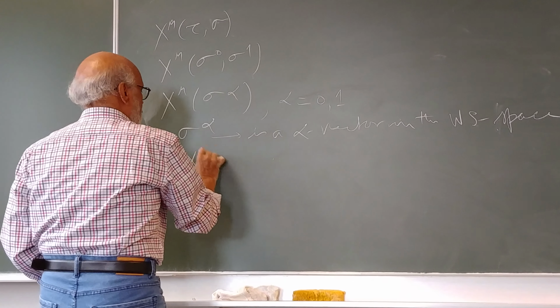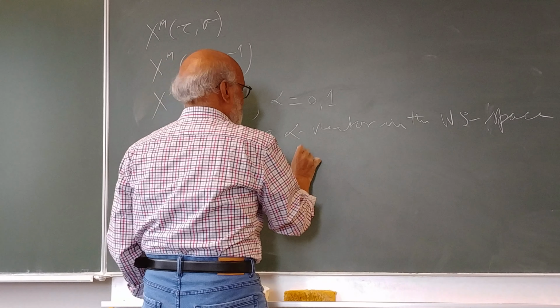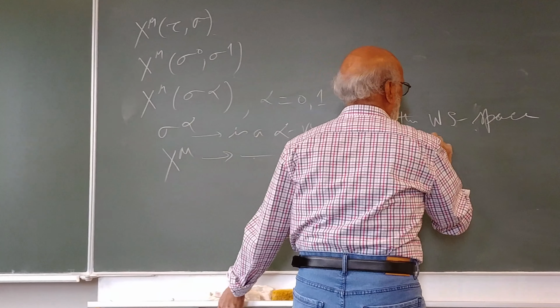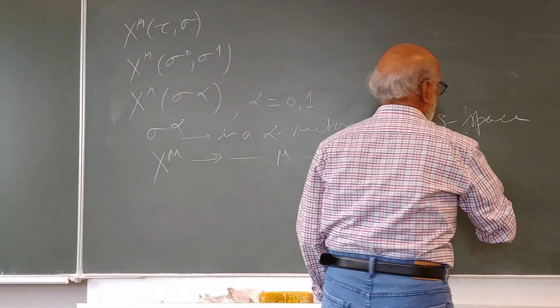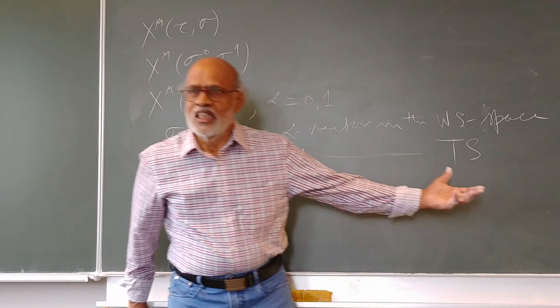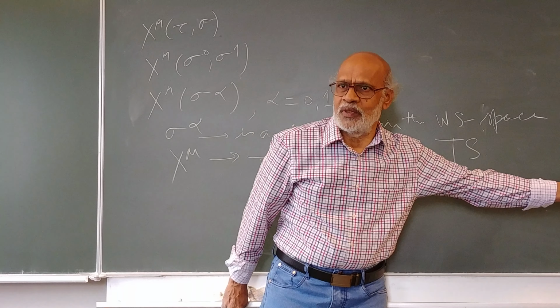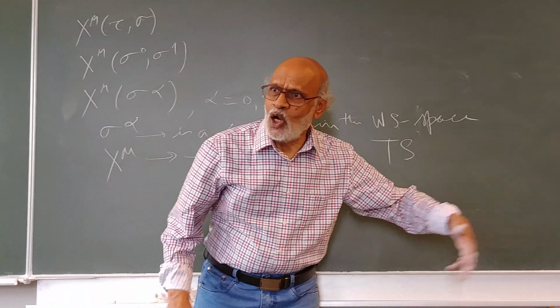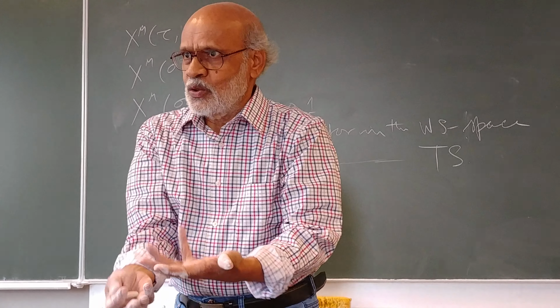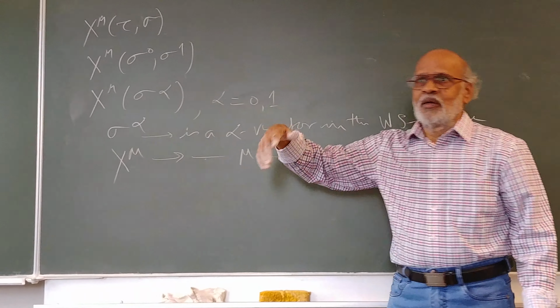What about x mu? X mu is a mu vector, but in the target space. Target space-time or the space-time manifold or the ambient space-time. So this is how we happen to have two kinds of spaces. Okay, that was the world-line space.